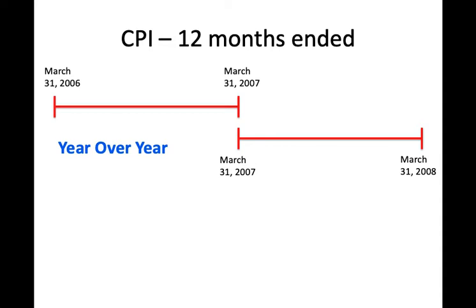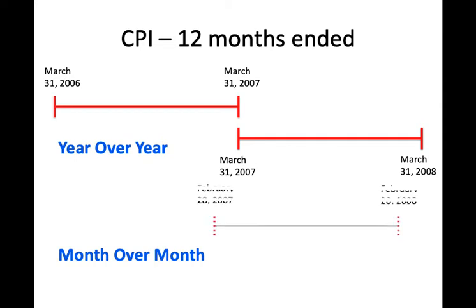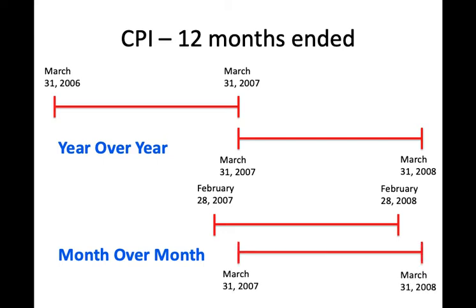That's very different than a month-over-month assessment. The month-over-month assessment is going to look at a much shorter time frame, but still 12-month spending periods. And so the first time frame might be February 28th, 2007 to February 28th, 2008. The second time frame being March 31st, 2007 to March 31st, 2008.